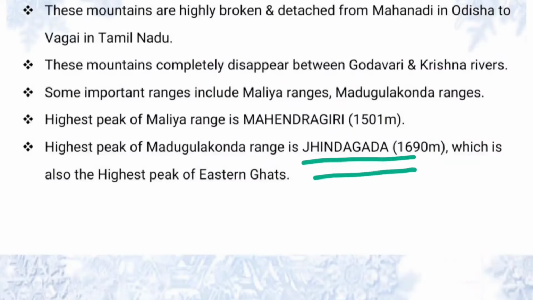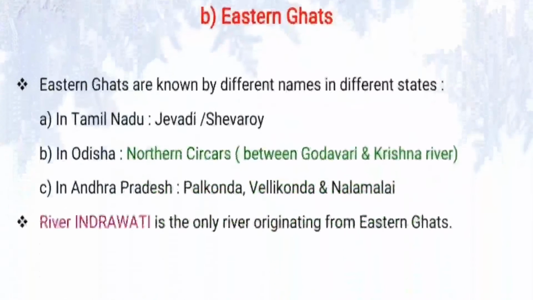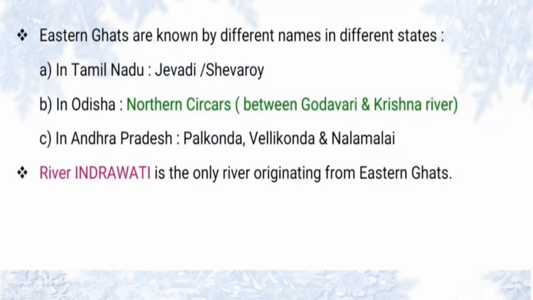The important factor to remember here is that, like Anamudi of the Western Ghats, Jindhagada is the highest peak of the Eastern Ghats also. It is not just the highest peak of the Madugula Konda range, but also of the Eastern Ghats.